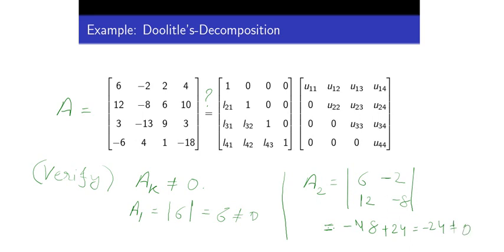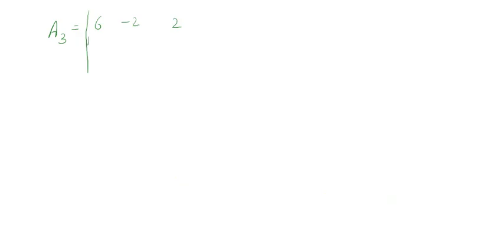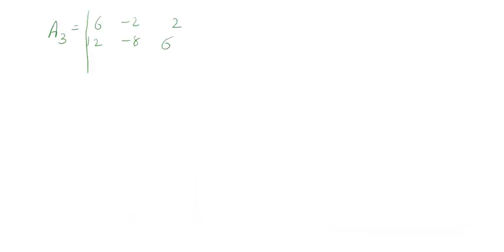Let's have the third leading principal minor now. A3 is equal to the matrix 6 minus 2 2, 12 minus 8 6, 3 minus 13 and 9, the first three rows and first three columns.